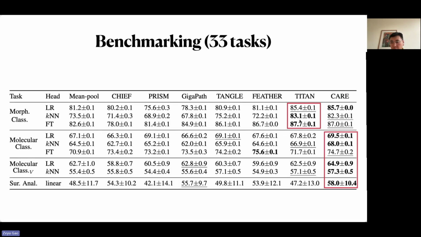And this is a small result. It can be shown that Titan is better at morphology classification because it has a lot of data. It's aligned with the report, and also we perform better on molecular or survival analysis tasks because we aligned with RNA expressions, which Titan didn't, right?